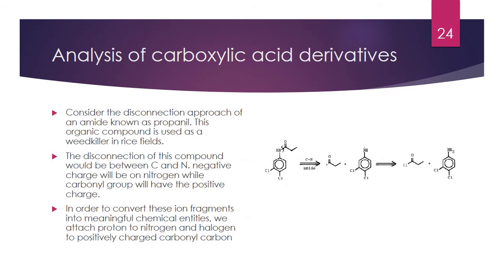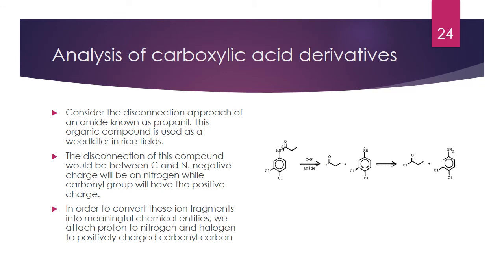Okay, so we are considering a few examples. Here we are using an acid derivative, and this acid derivative is an amide, right? So you have to disconnect, and for disconnection we are not considering the benzene-chlorine disconnection. Instead we are going to use the carbon-nitrogen disconnection.